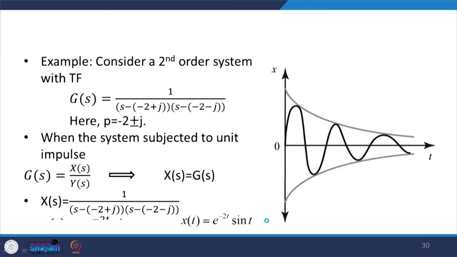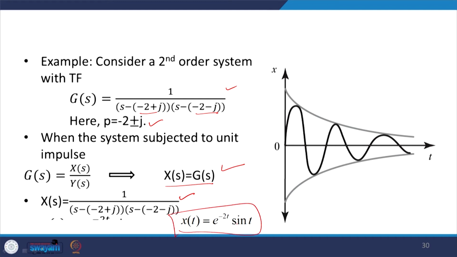So, if I consider a second order system something like this, its roots are, you can see, minus 2 plus j and minus 2 minus j. When this is subjected to a unit impulse, your X(s) is going to be equal to G(s), and if I take the inverse Laplace of this, this is what I am going to get.